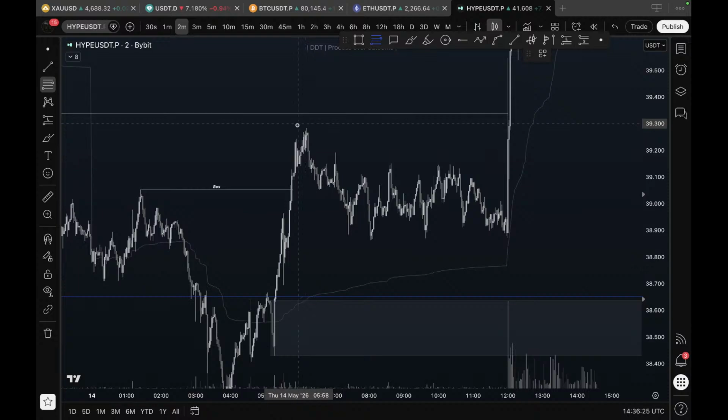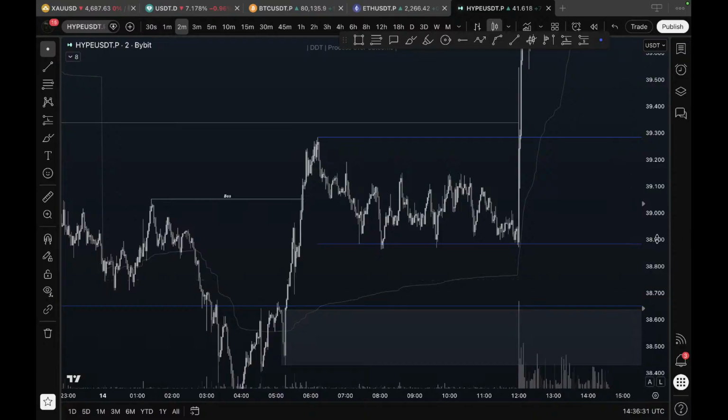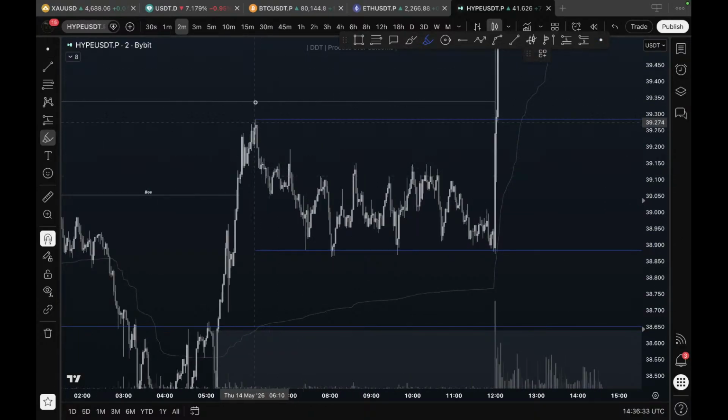Here we had a local range. And what did price do? Range high, range low, mid-range tap, valid range, new low, tap 2.